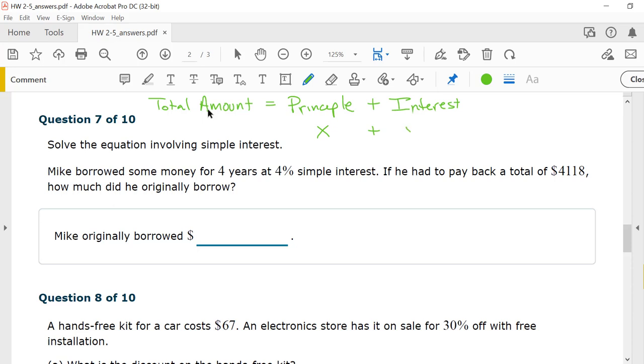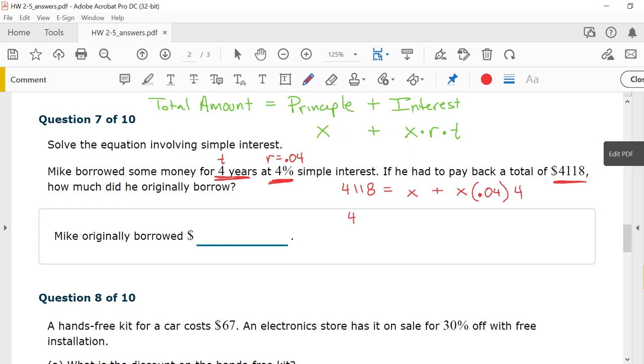The interest is going to be the principal times the rate times the time. If we don't know the principal, let it be X. The interest on that amount is going to be X times R times T. So here comes our equation. Here's the total amount repaid, 4,118. That's going to equal the principal plus the principal times the rate, 4%, so 0.04, times the time, which was 4 years.